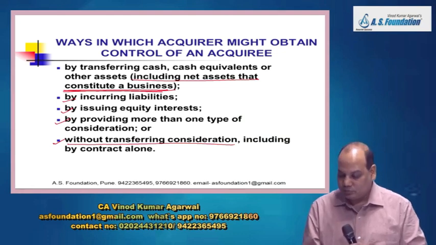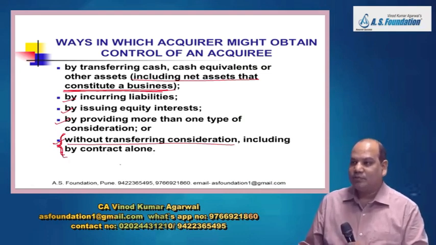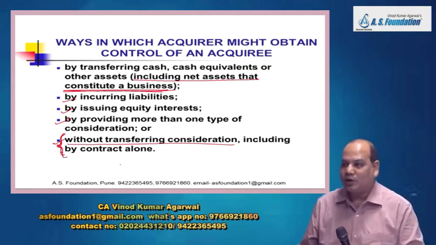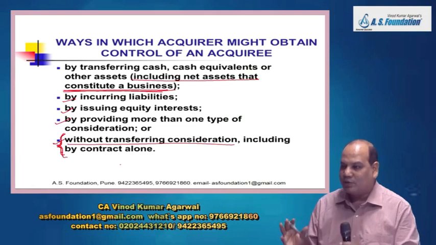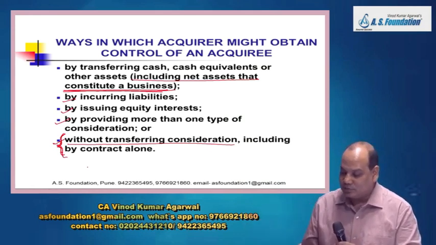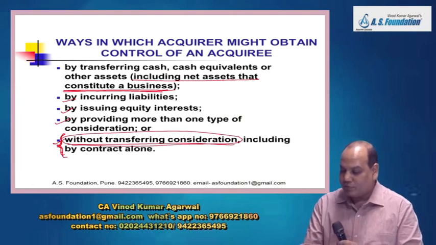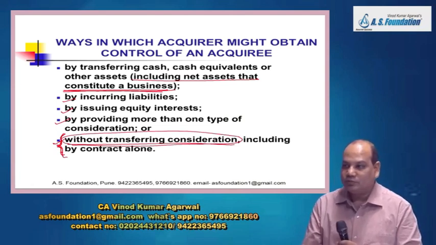So this is not very much relevant for you. It only says in rare cases, without transferring consideration, only through contract alone, you are given the power to control the acquiree. An agreement gives power to an entity that you can control this entity. Sometimes one more interesting example without consideration is buyback of shares by the acquiree.